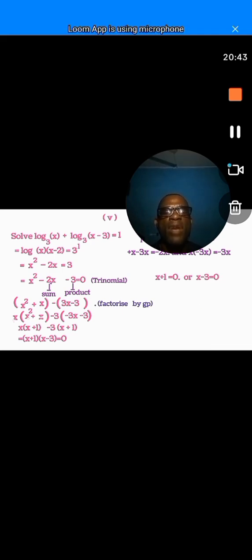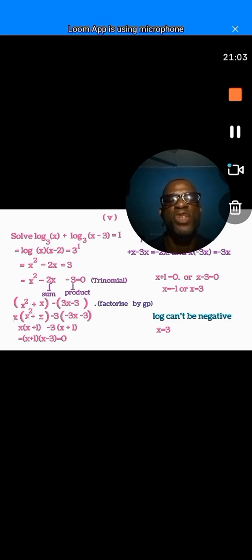And x minus 3 is equal to 0 is the same thing as x is equal to 3. So x is minus 1 or x is equal to 3. And we don't have negative log. So the correct answer is x is equal to 3.